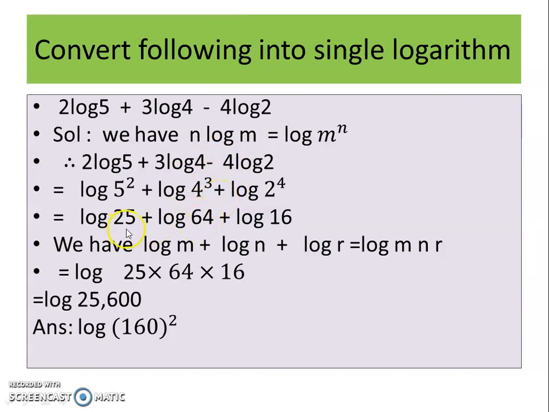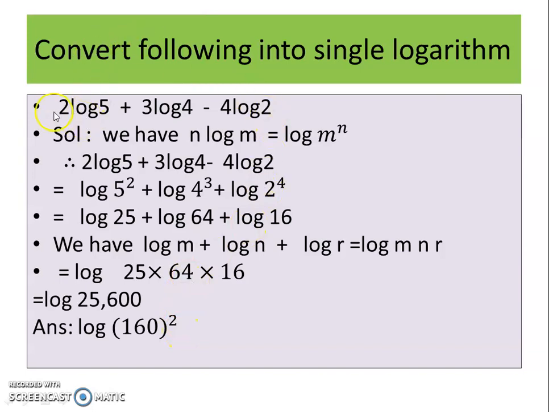So we can easily solve: log 25 plus log 64 plus log 16. Log m plus log r is equal to log of m and r. I take the multiplication of these numbers, 25, 64 into 16, and it is exactly 1600 squared.